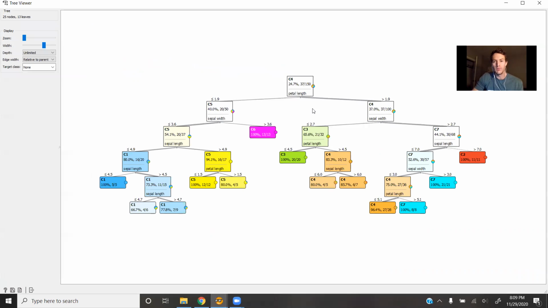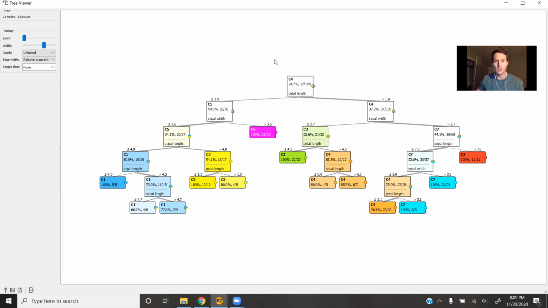And then if we open our viewer, we see a couple of different things going on. As you can see, when I transferred this over, there were 7 different clusters, represented down here by the 7th cluster. What the machine decided is that petal length was the most important variable.